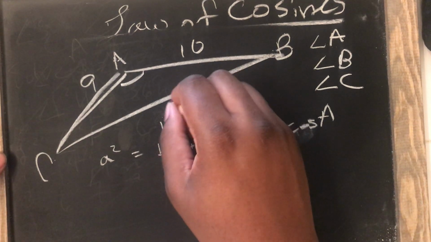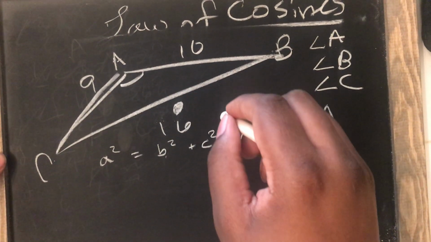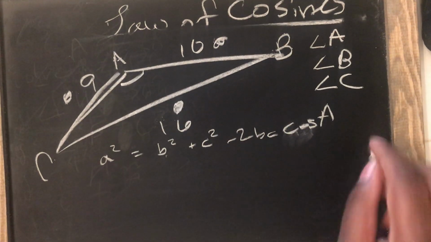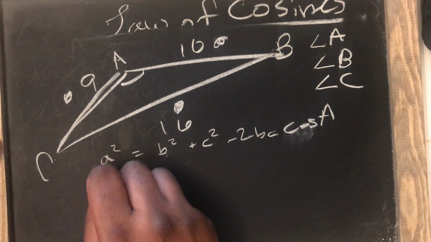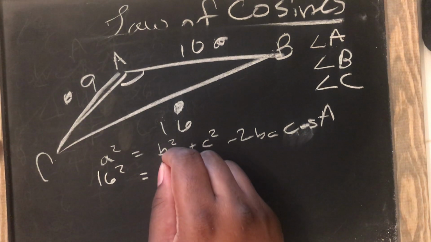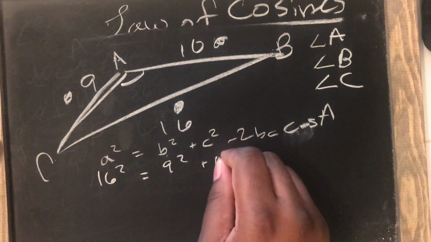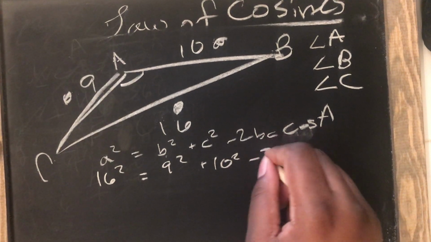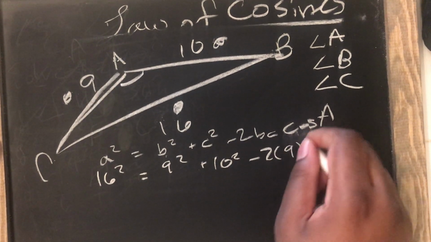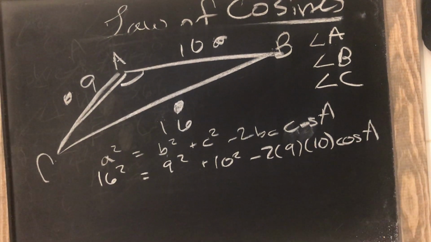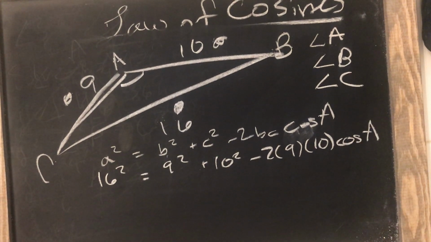Little a is 16, little b is 9, little c is 10, so we can just fill in the blanks. That's going to give us 16 squared equals 9 squared plus 10 squared minus 2 times 9 times 10 cosine of A. Remember, we do not know what A is. That's what we're trying to find out.